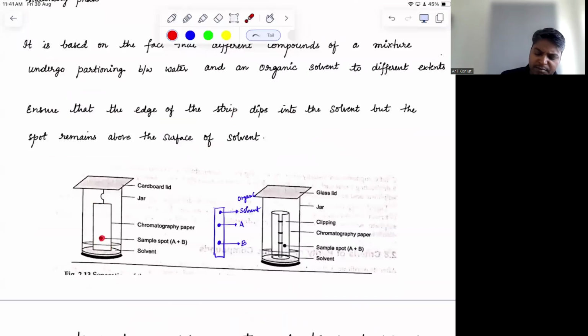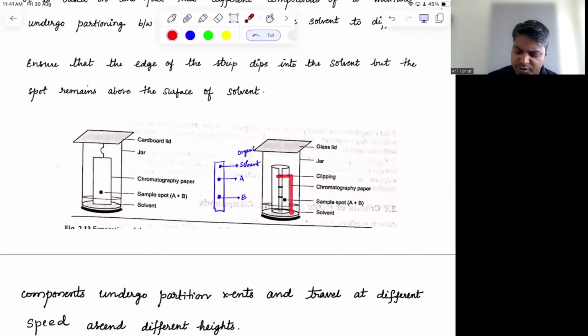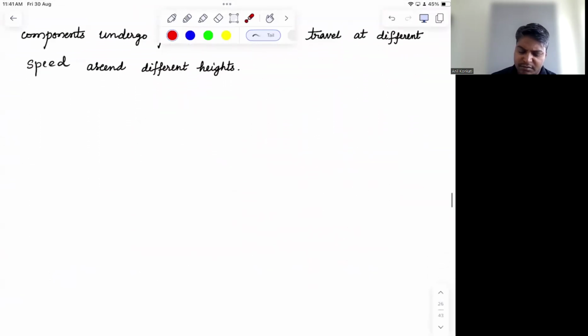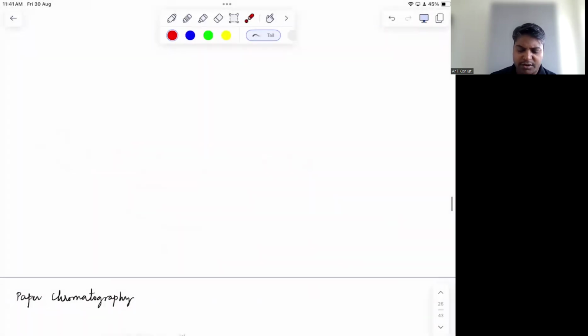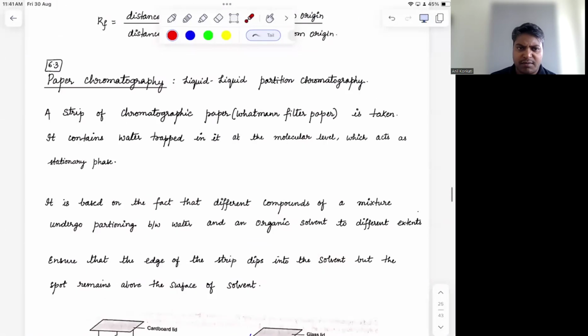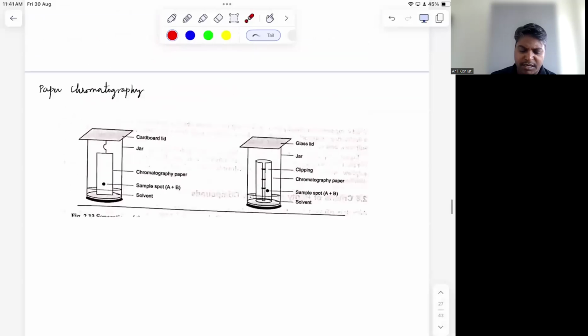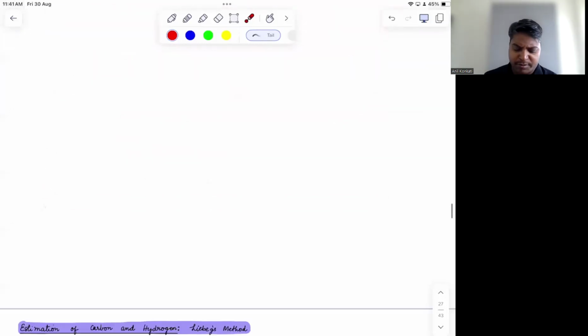Then we take a sample here, and as it starts moving, it will go up to this, which is the distance traveled by the solvent, and this is the distance traveled by the spots. Clear on that, everybody? This is called paper chromatography.